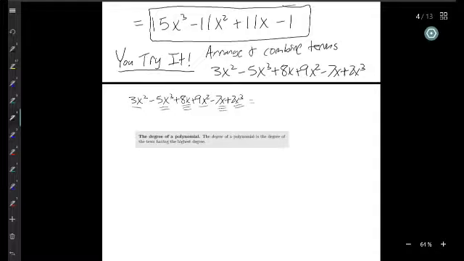Well, maybe we'll arrange them this one last time. Minus 5x cubed plus 2x cubed and the x squared terms plus 3x squared plus 9x squared. And the x terms, 8x minus 7x.